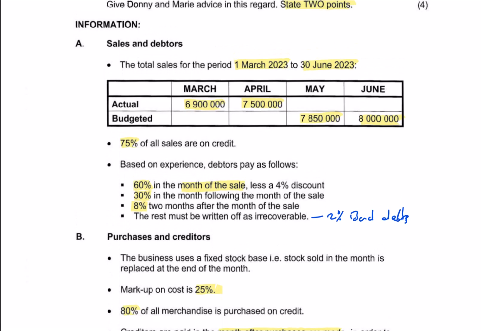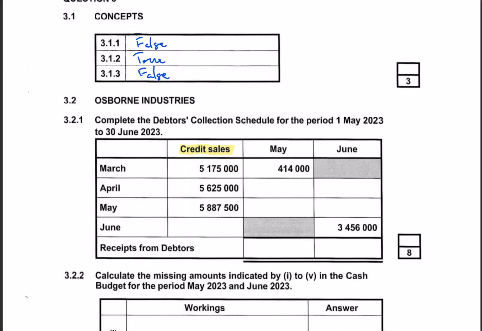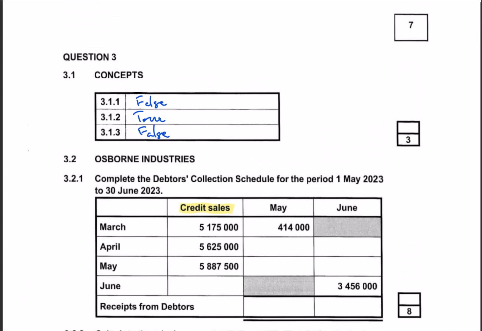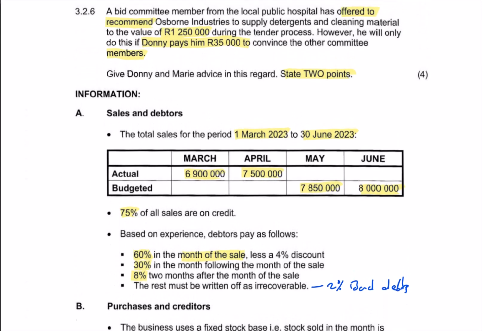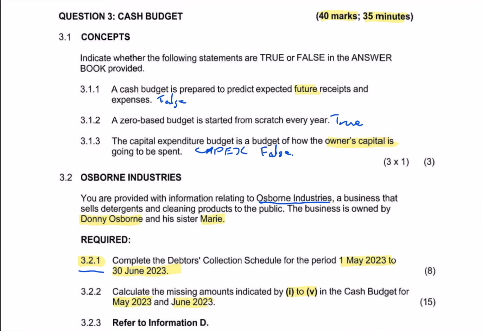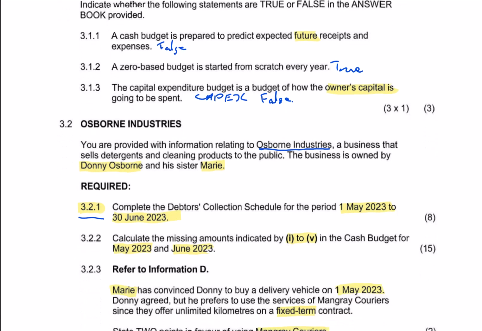So we have credit sales for April, that's what we're looking at. If you look here, credit sales for April, that's what we need to fill in, because how much is going to be received in May and how much is going to be received in June? Remember the question asked you to do credit sales that are going to be received from 1 May to 30 June.